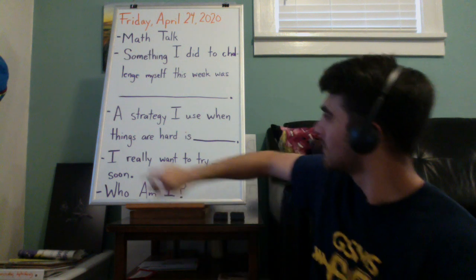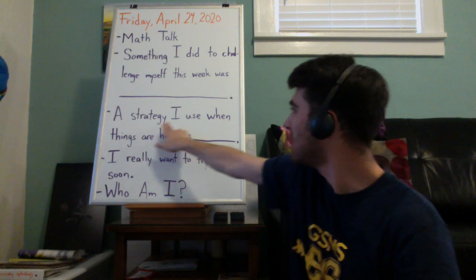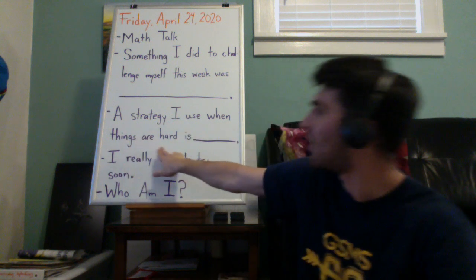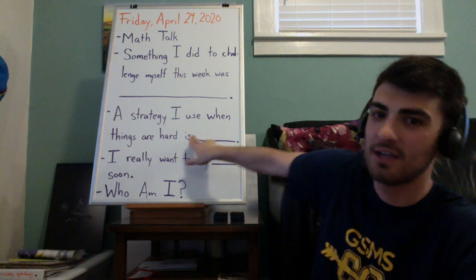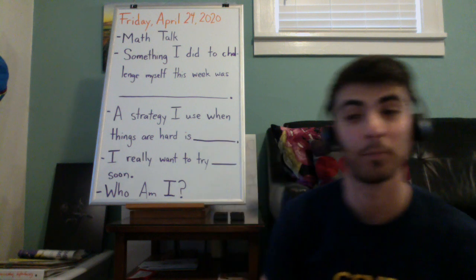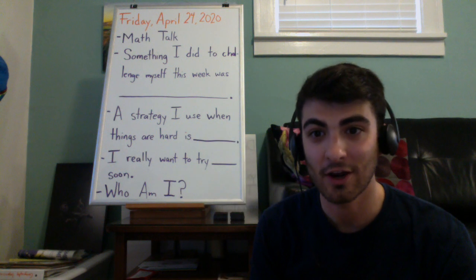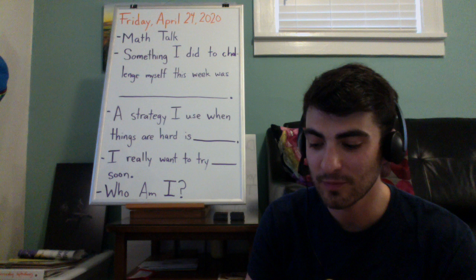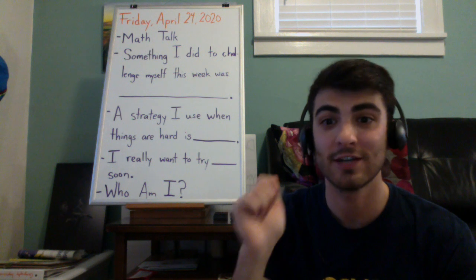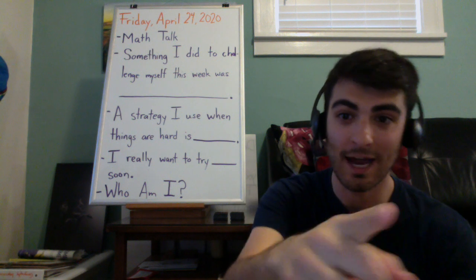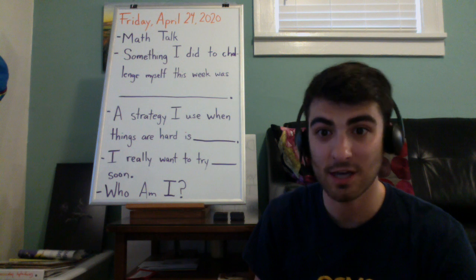Another one, a strategy I use when things are hard is blank. I'm sure things get hard at home just like they do in the classroom. And I am curious, what is a strategy that works for you at home when the going gets tough?